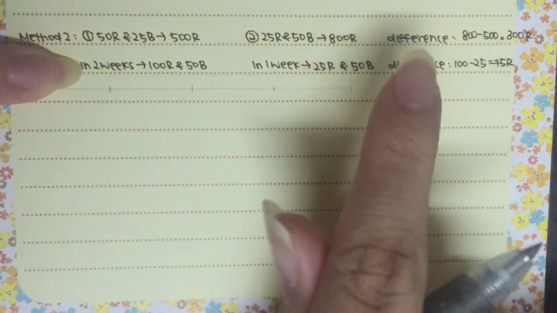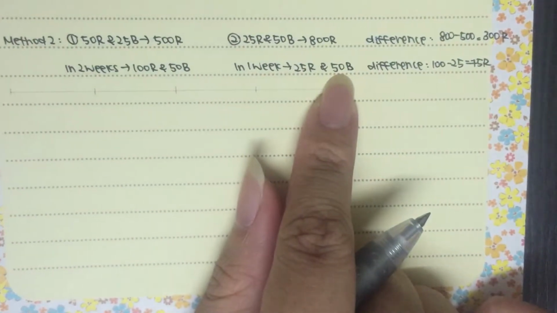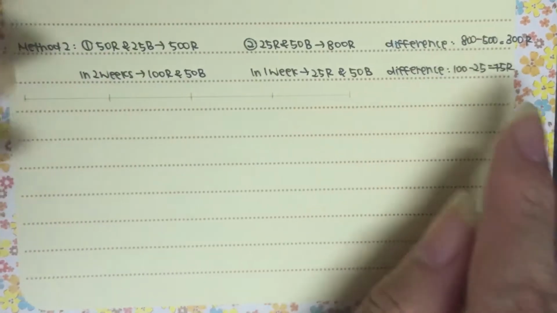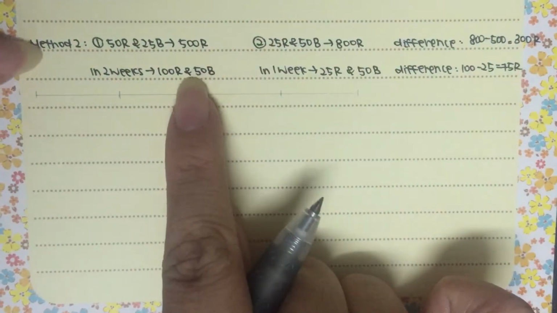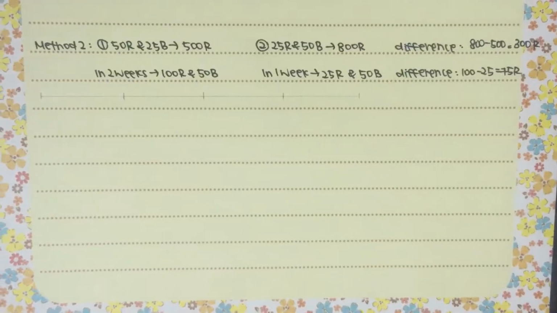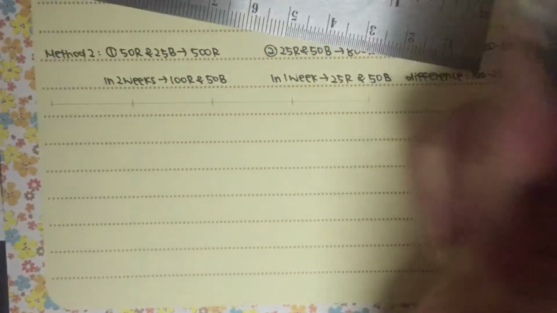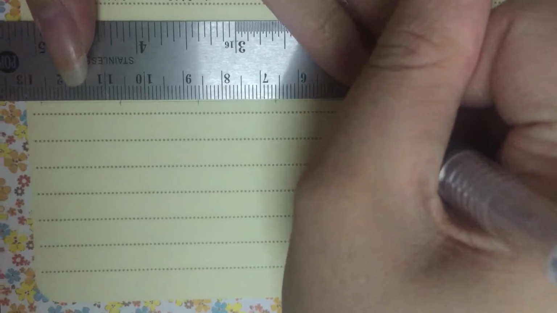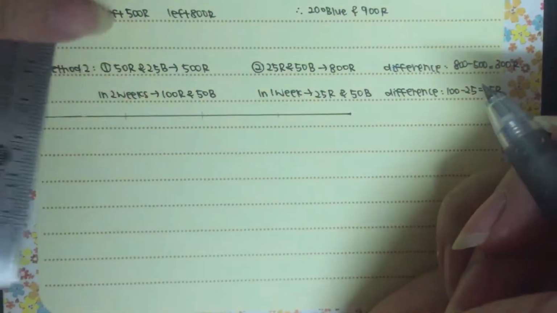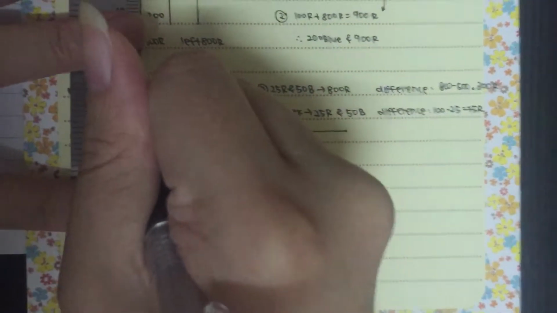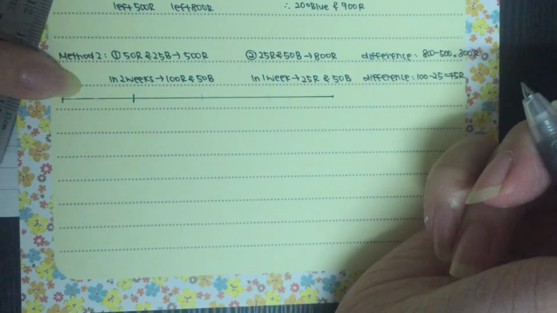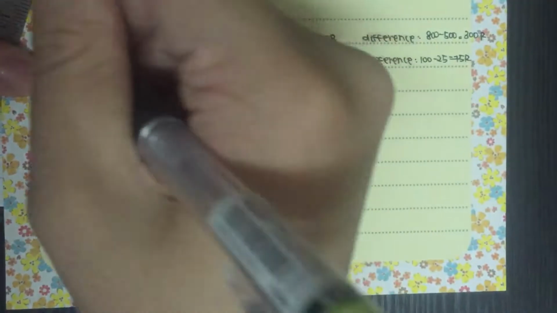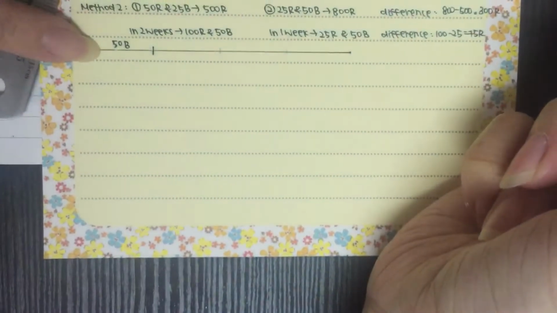So for every 50 blue marbles, there will be 75 red marbles extra in the first case. So using a timeline, this is initially, then if we sell 50 blue marbles, we realize that you have 75 red extra.